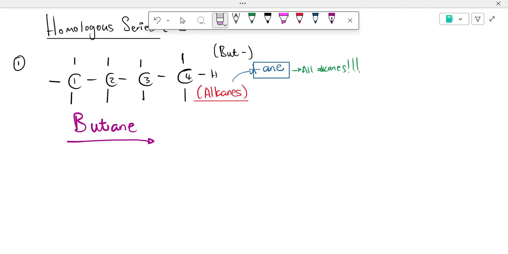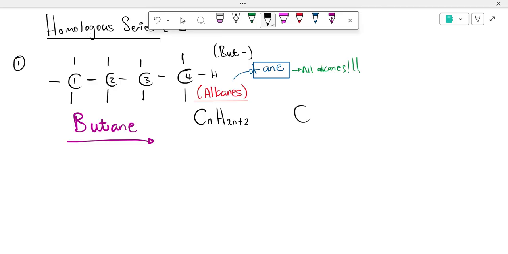This is where the general formula comes in. The general formula for all alkanes is CnH2n+2. Let me write this so that you can see. The n is a subscript, the 2 is a subscript, the n is a subscript, plus 2.